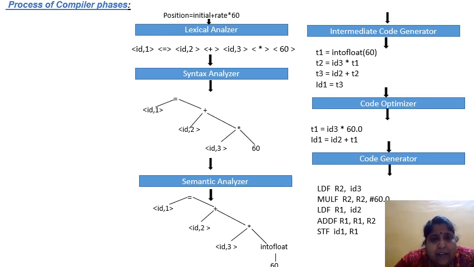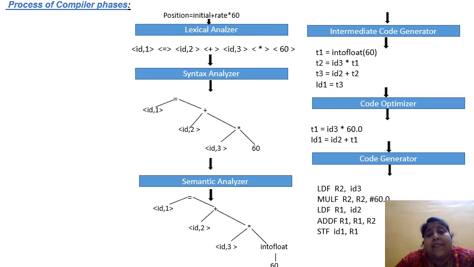That is the first identifier id1, then the equal to sign, then the second identifier, then the next operator, that is plus, then again the next identifier id3, then the next operator asterisk, and the last one, that is 60, because it is a constant. We are writing it as 60.